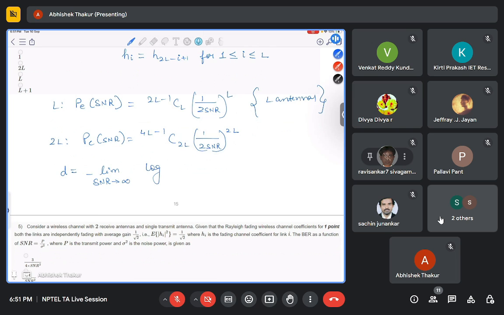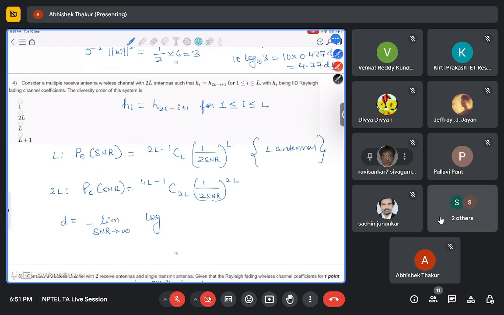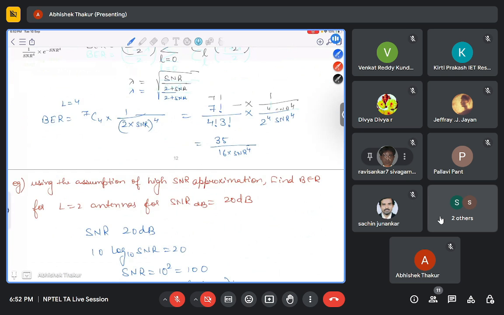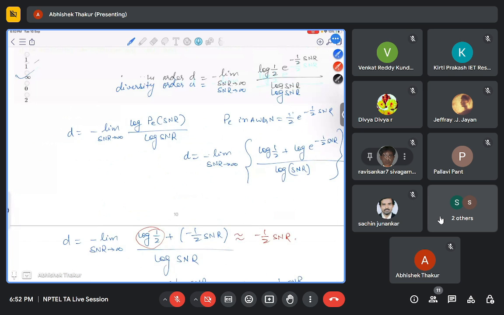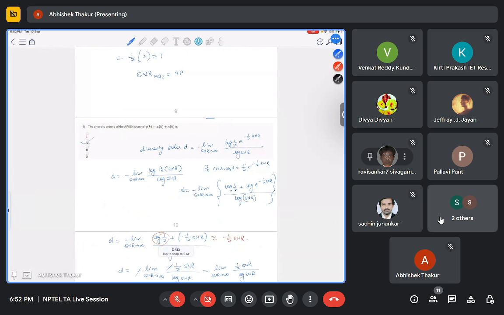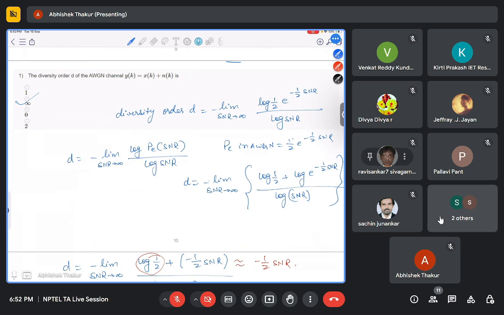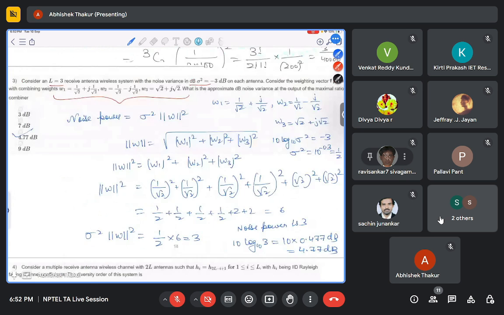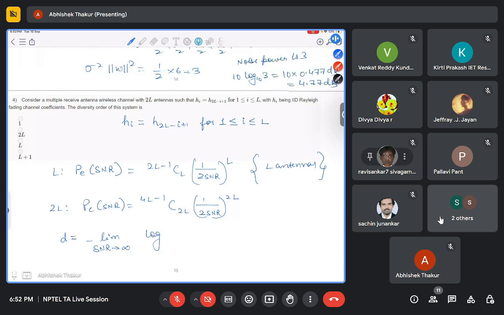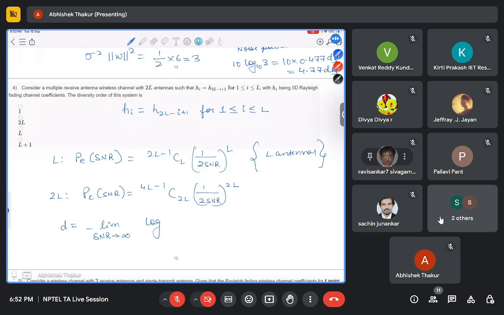start solving this question. So actually in this question we have to find the diversity order. So the diversity order formula, as we have already seen above, the formula of D is minus limit SNR tends to infinite log of probability of error divided by log of SNR. So now we know the probability of error for the L antenna system, but in this question 2L antenna is given.